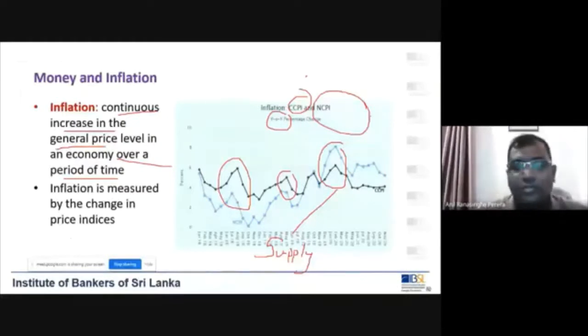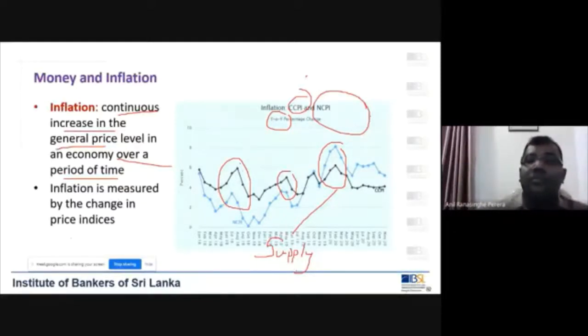There's a drought, a flood, a landslide, or disruption to the distribution channels. Or there is an oil price hike, or some international prices are going up, like sugar, as I said, oil, rice. So those are some supply side pressures on inflation. So these peaks could be due to supply side, right?